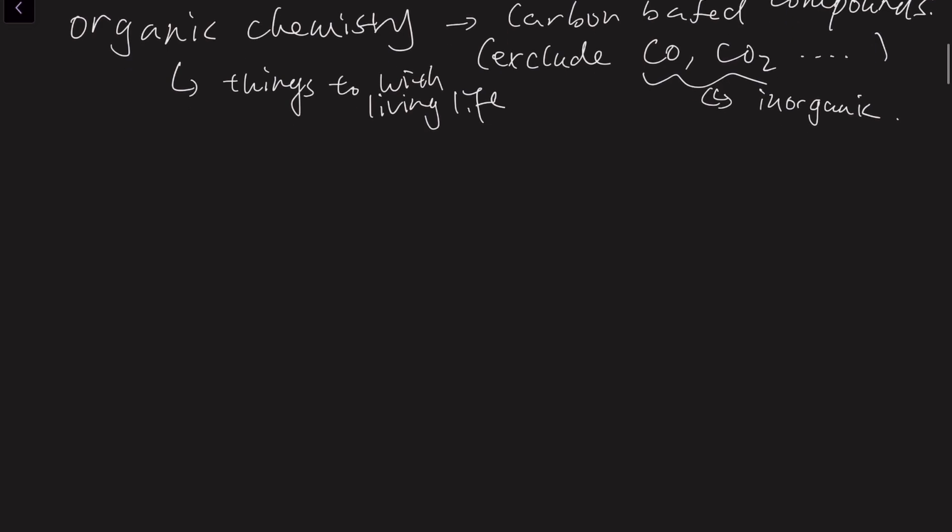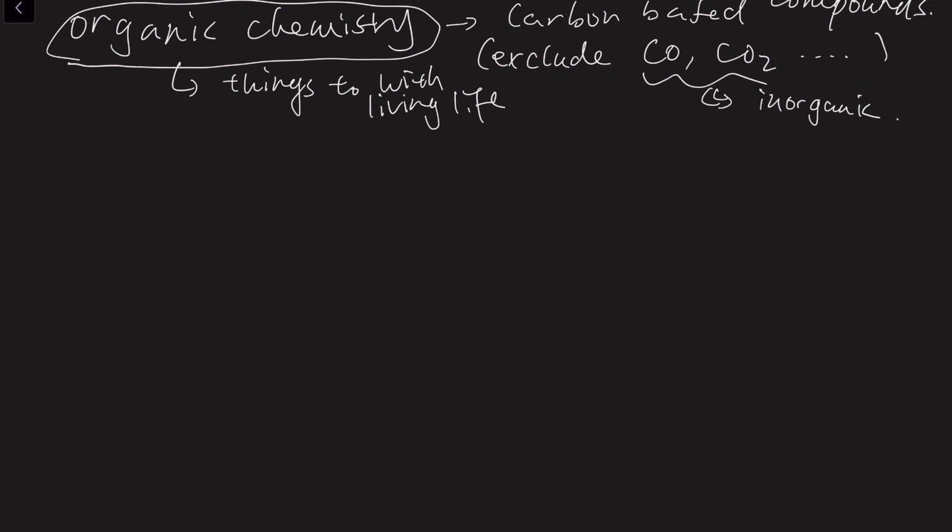So the whole study of organic chemistry is based on carbon. And carbon is really a very special element. It is very abundant, but it also has some interesting properties that really make this whole organic chemistry stuff alive.